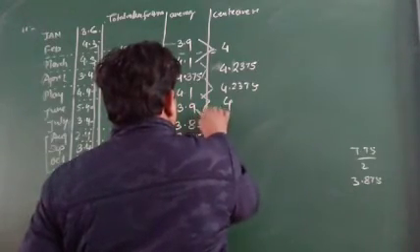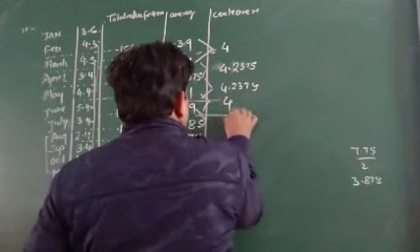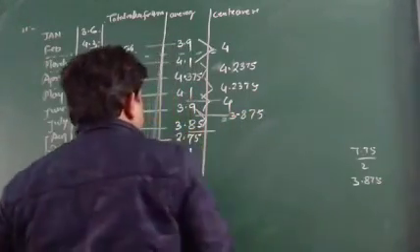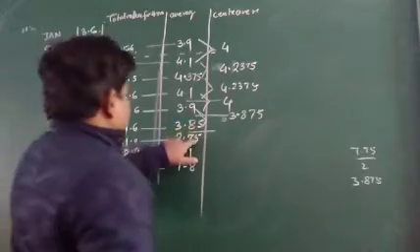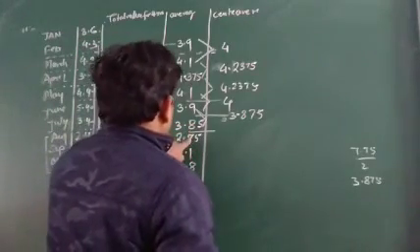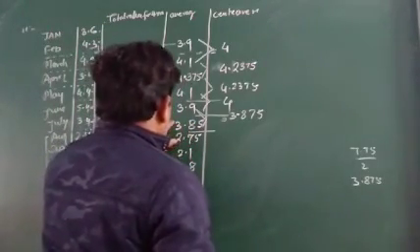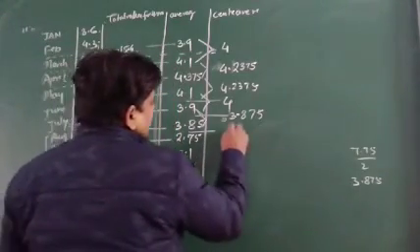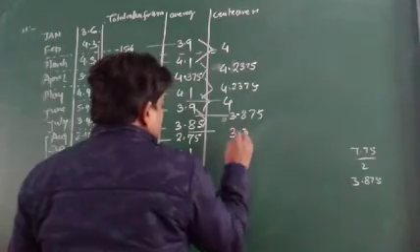In between them we should write now, that is 3.875. With them I should write, when I add it, 5 plus 5 is 10, 7 plus 8 is 15, plus 1 is 16, and it is 3 plus 2 is 5, 6.60. Then it will divide by 2, 3.30 will come.